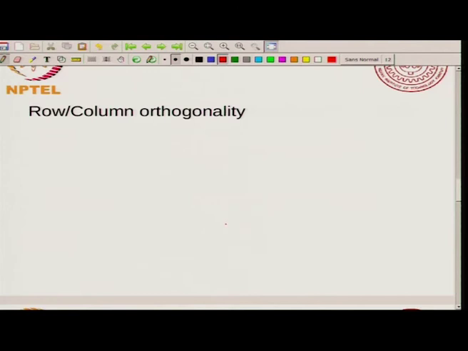Okay. So, in other words, if we said that sum over k equal to 1 to n a_kj a_kl equal to delta jl, what that means is that if I take the jth column, then the elements of the jth column are given as a_1j, a_2j up to a_nj, and then I take the lth column, then I will have a_1l, a_2l up to a_nl.